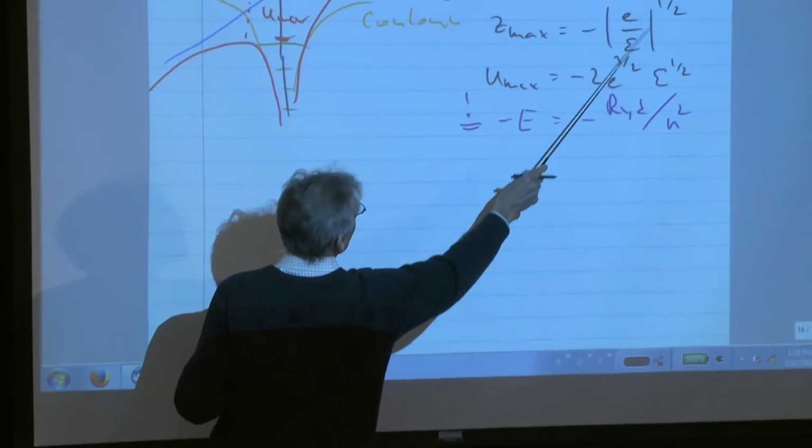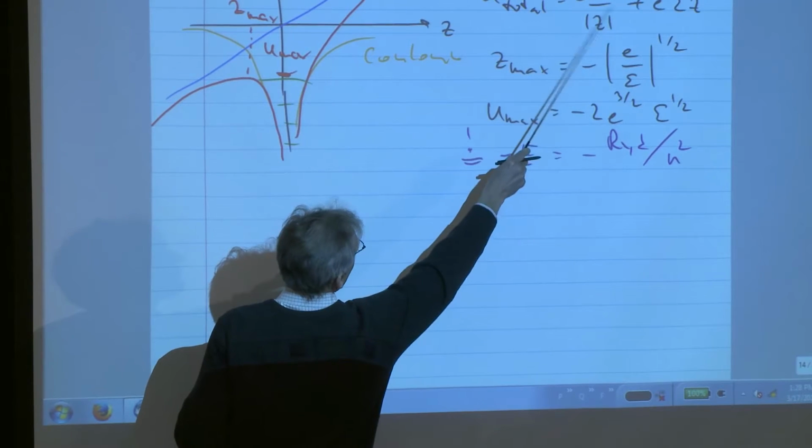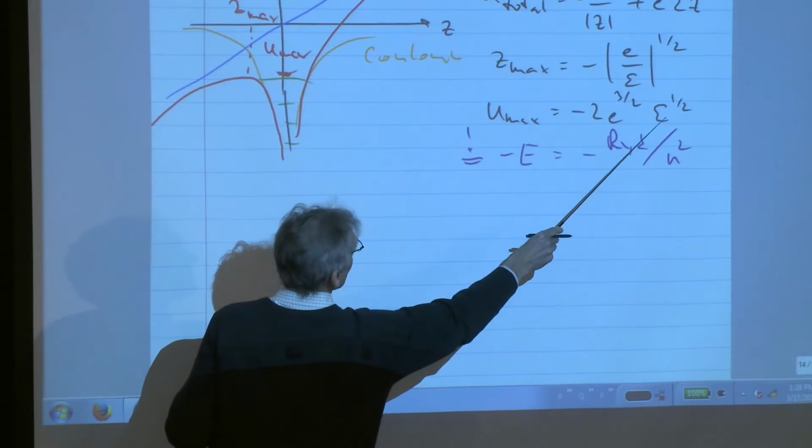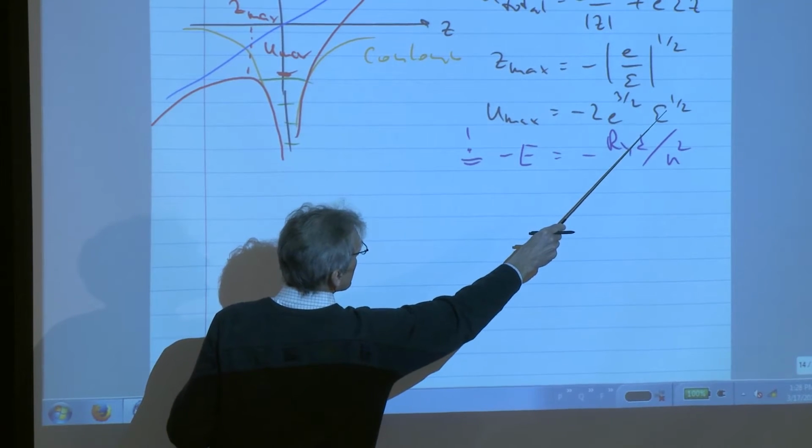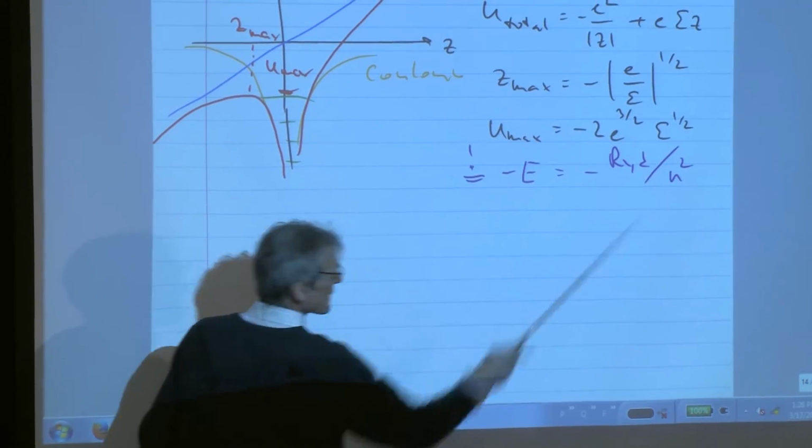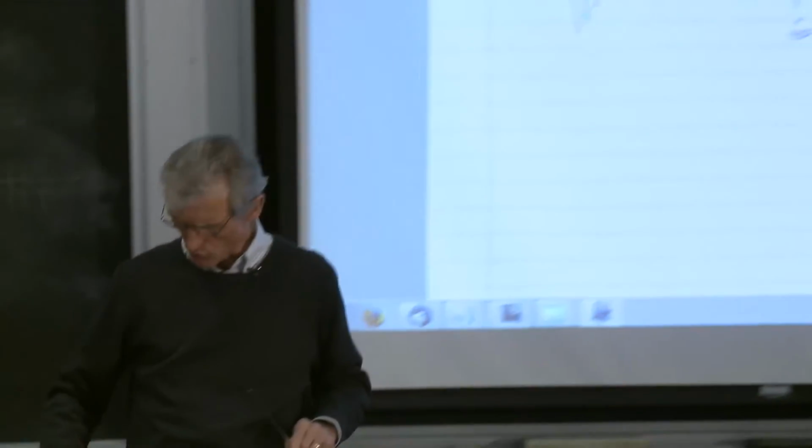Here we have the square root of the electric field from this calculation. So that means the critical electric field will scale as 1 over n to the 4.